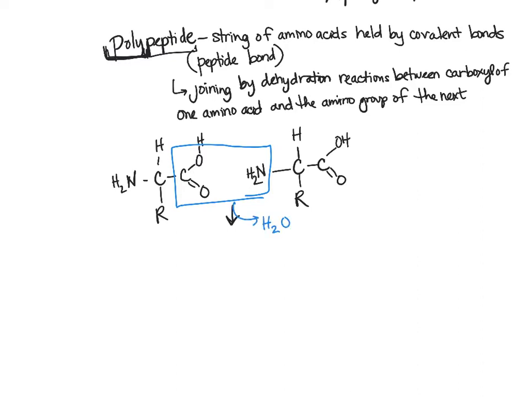So then what we end up with is we have this amino group, which is going to stay just as it is unless it bonds to another amino acid, which it will or will not depending on where it's at in the chain. And then what we see, so we still have this double bonded oxygen, but then we end up having our peptide bond here with the amino group.